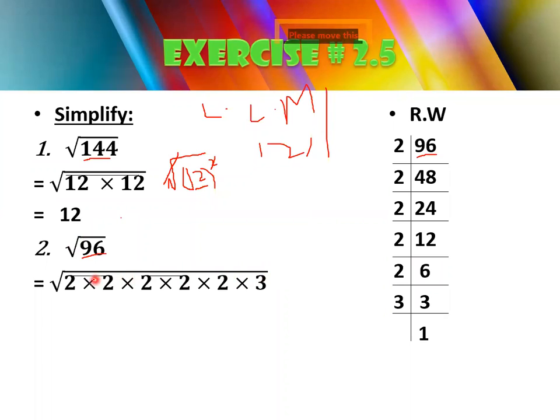So it means 2 whole square. You can cancel this square with the root, and this one also with its root. After canceling, you will take out the 2 that have common pairs outside the square root, just like this. And then you are going to multiply these two numbers.